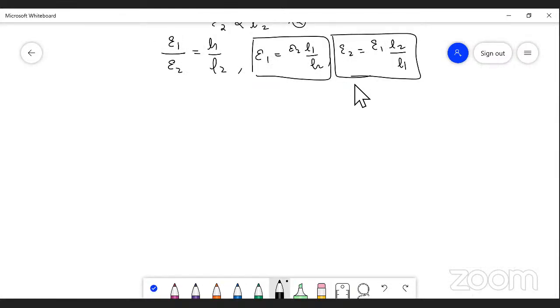We shall now speak about the measurement of internal resistance of the cell.